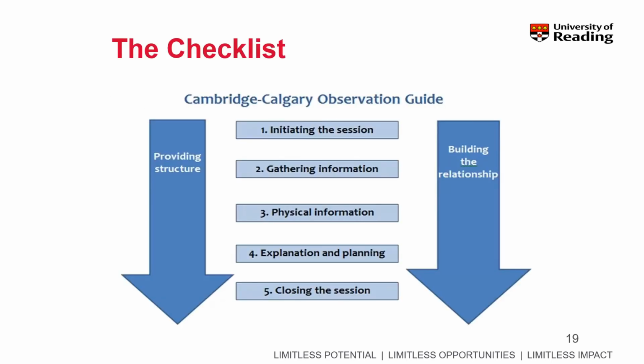So to summarize, we have gone through all the stages of the Cambridge-Calgary consultation model. So we went through how to initiate the session, how to gather information, what physical tests you may need to do as part of the process, what sort of explanations and planning to do next, and how to close the session.